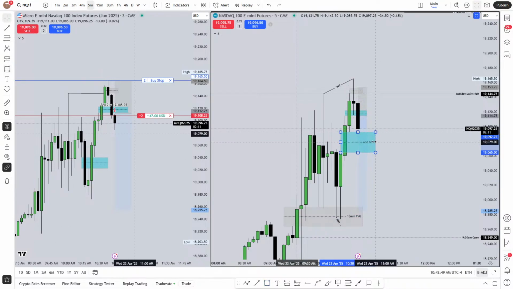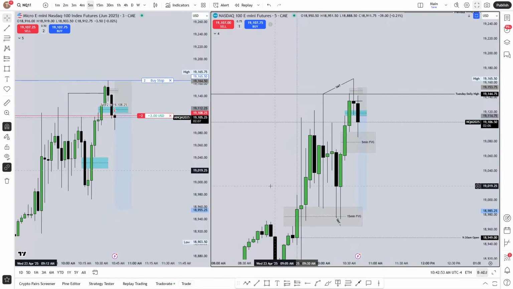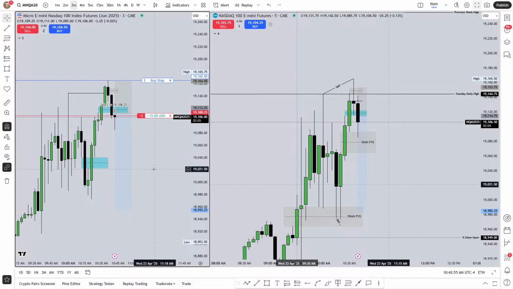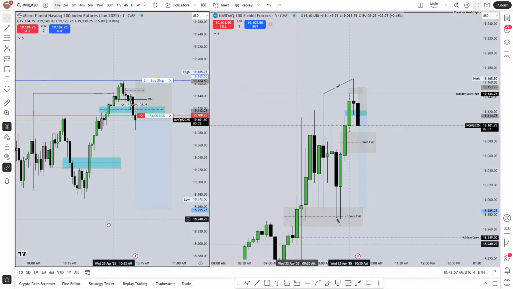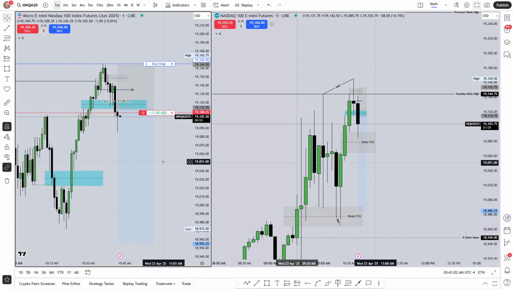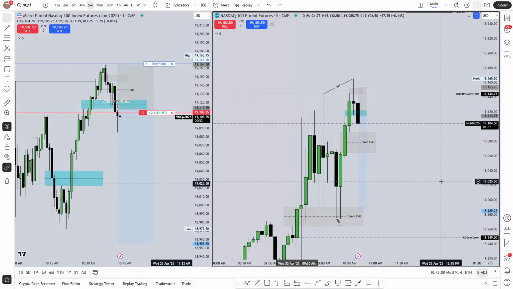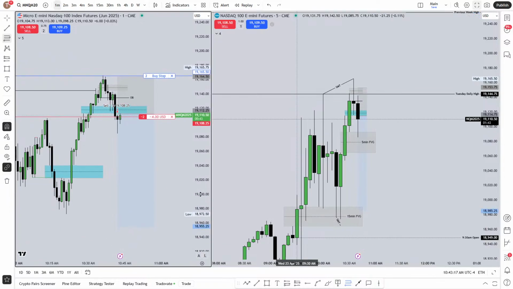I would need to see this inverse. I want to find equilibrium of this range.